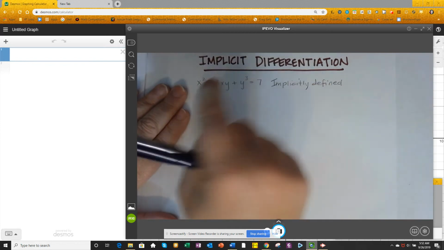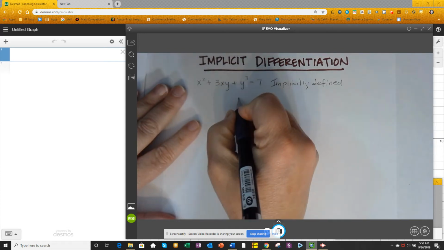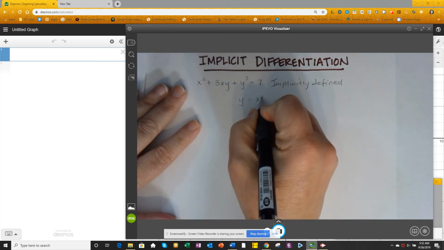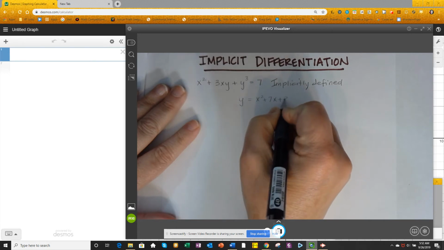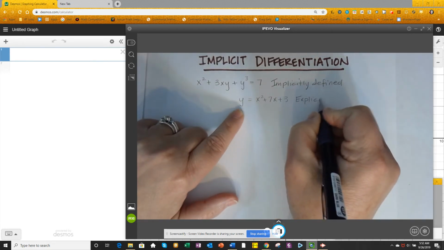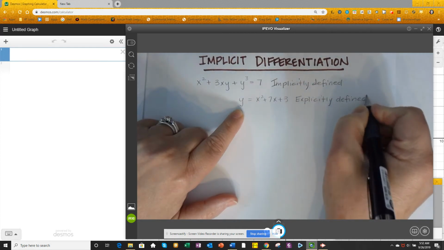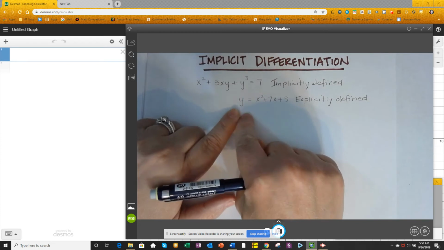But we have some functions that are embedded in here. This one would be y equals x squared plus 7x plus 3. This one is explicitly defined because it's y equals. It's a function as y is a function of x.